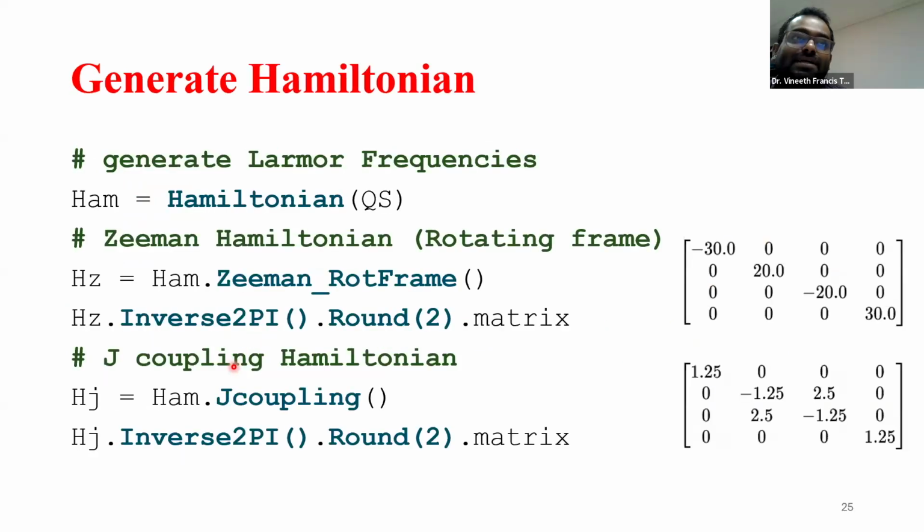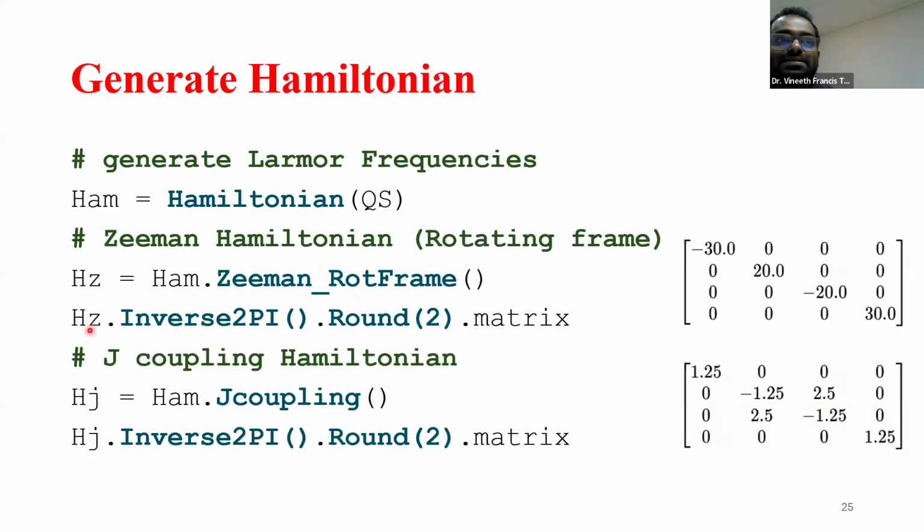Now we want to generate the Hamiltonian. We call the Hamiltonian class and give the object QS as an input parameter. This is how our defined parameters are shared with the Hamiltonian class. You can create a Zeeman Hamiltonian in the lab frame or rotating frame.